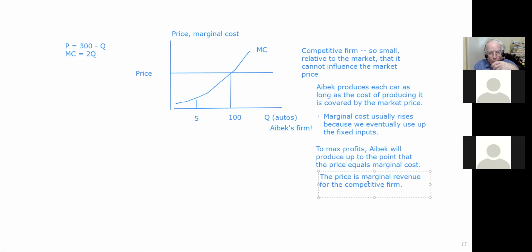So another way that we can express the rule for maximizing profits is to produce up to the point that marginal revenue equals marginal cost. And that is the rule that we will apply in the case of a monopoly.